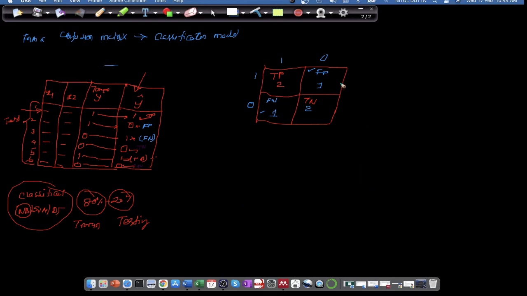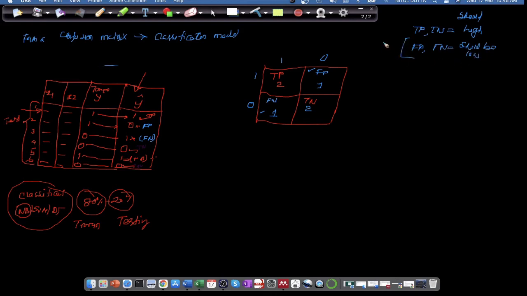Now, if we consider these values, true positive and true negative should be high, and false positive and false negative should be low.